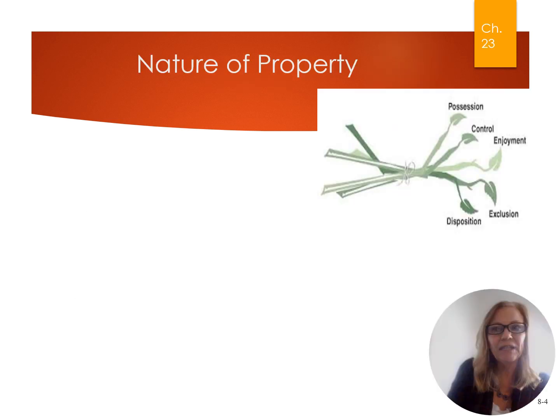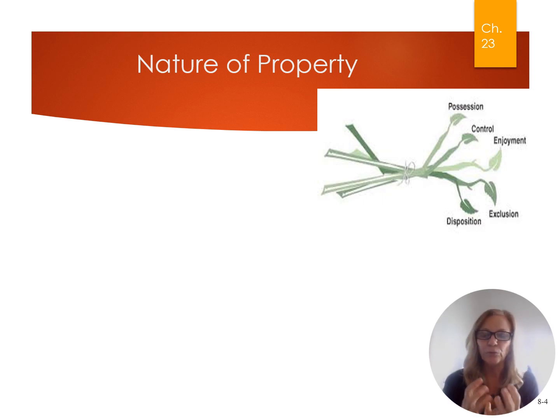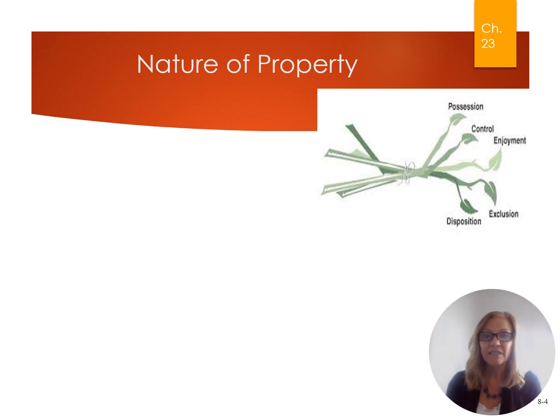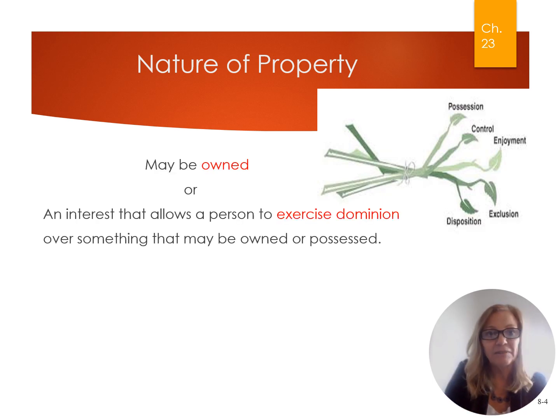So let's talk about the nature of property. Basically, when we talk about property law, we're talking about what we call a bundle of rights, and it's what can we do if we have property. There's certain times we can only possess property. Sometimes we control, enjoy. We have the right to exclude or dispose of it. It just depends on our interest in that property, what rights we have.